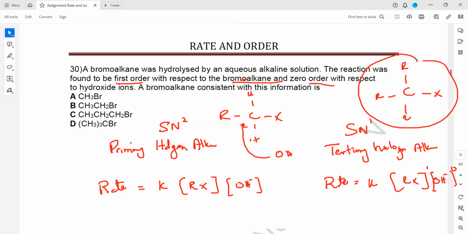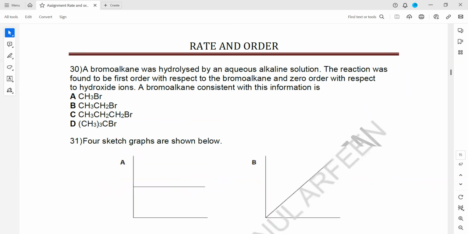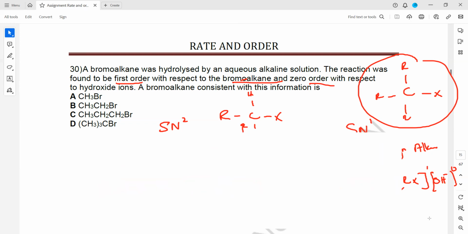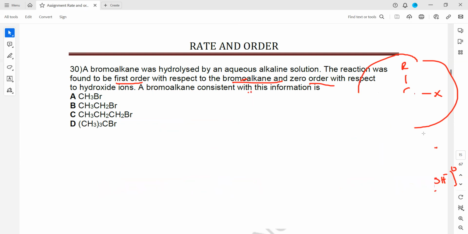So which bromoalkane is this? You just have to find the tertiary halogenoalkane. So which one of them is a tertiary halogenoalkane? How can we work it out? If option A is the right answer, in option A the carbon is having 3.